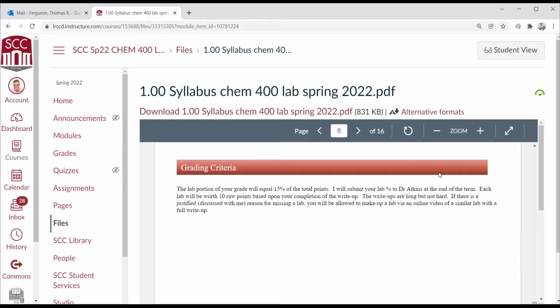So no matter how many labs we do, each one is worth 10 raw points. And then those raw points will be converted to percent, and 15% of those will go to Dr. Atkins. Okay, does that make sense? Now, next week, I'm going to go into the lab write-up, because there's an extensive lab write-up for each lab.